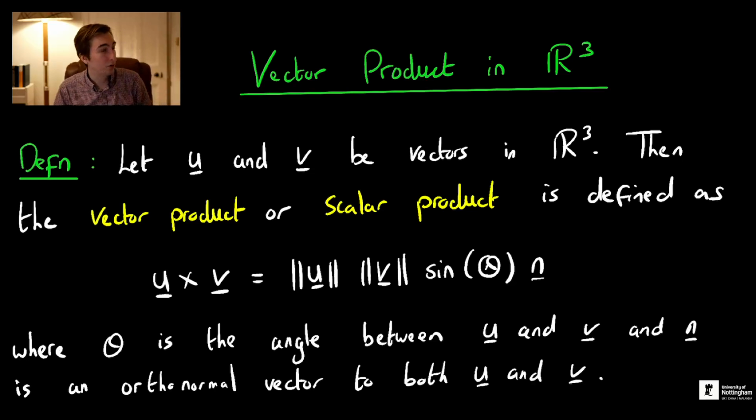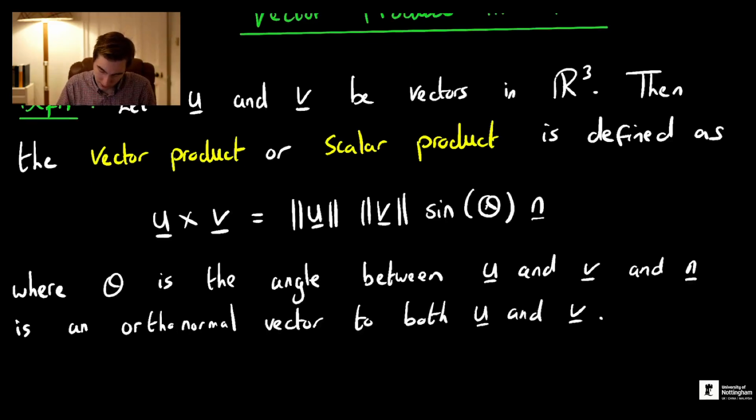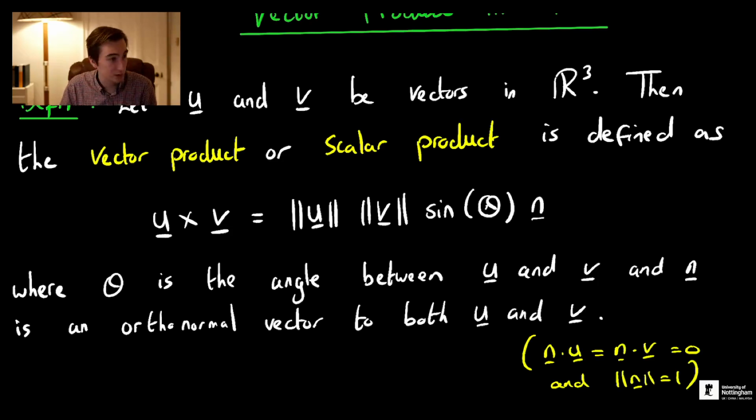That is the dot product. So let's make a note of this. That's to say that n dot u is equal to n dot v, which is equal to 0. And we also have that the norm of n is equal to 1 because it's an orthonormal vector, as I said in the previous video.